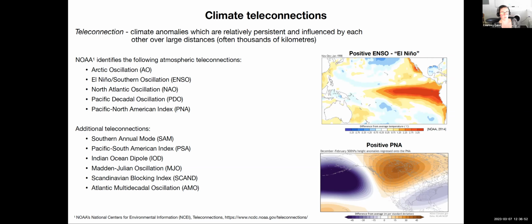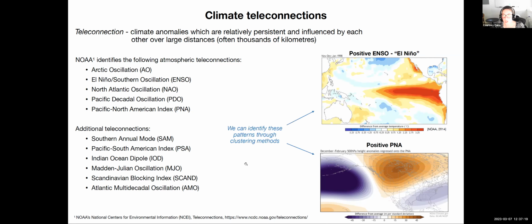The ones that NOAA has identified specifically on their website are the Arctic Oscillation, ENSO, North Atlantic Oscillation, Pacific Decadal, PNA. But additional ones that we've considered are the Southern Annular Mode, which affects our Southern Hemisphere down here, the PSA, the Indian Ocean Dipole, the Madden-Julian Oscillation, and so on.